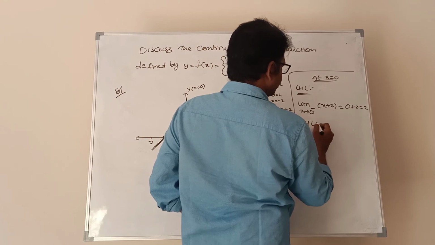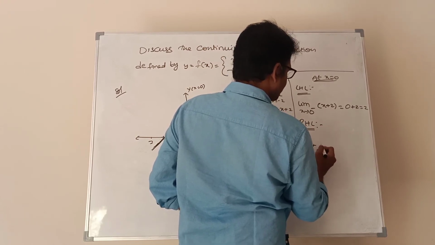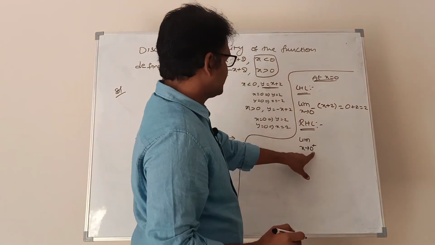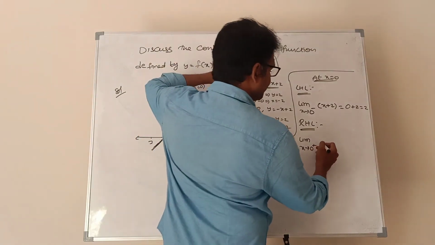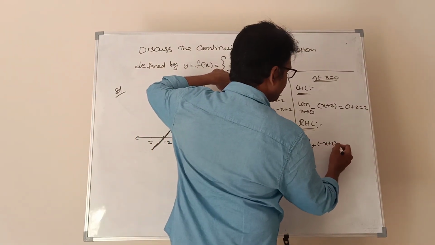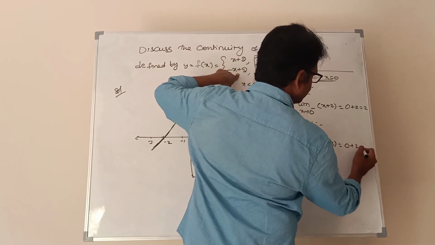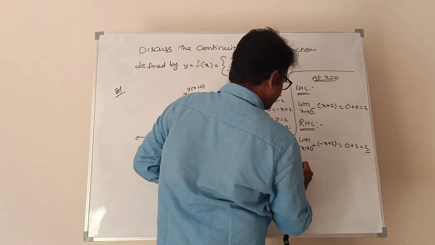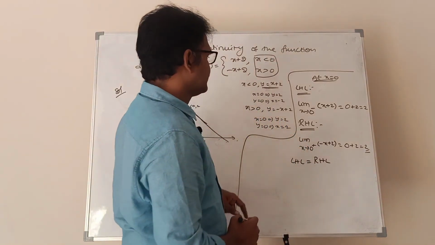Right hand limit. Limit x tends to 0 plus. 0 plus means just greater than 0. Just greater than 0, what is the f of x value? Minus x plus 2. If x is 0, 0 plus 2. Left hand limit equal to right hand limit, both are equal.